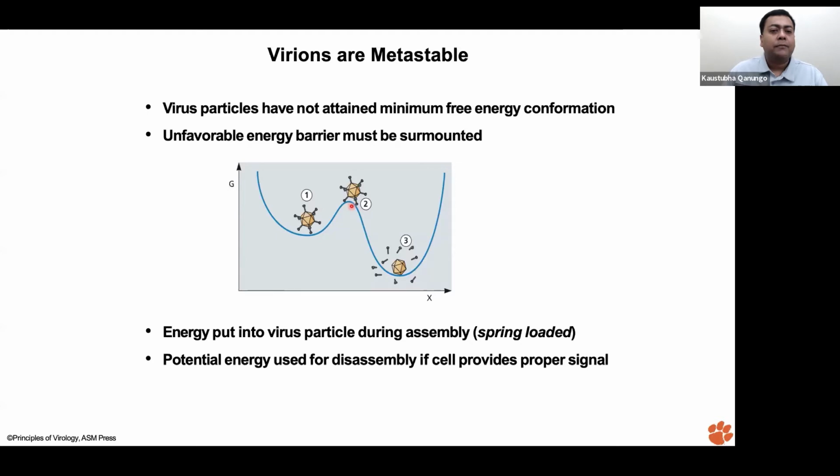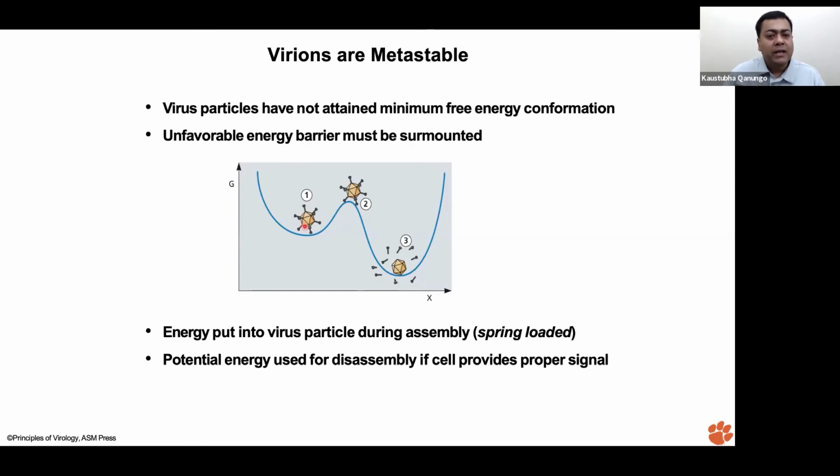Before coming to that, once the viruses are being made, energy is actually put into the virus particle during the assembly, which is called spring-loaded. And you all know that this is the bonding energy. The bonding energy is put into the virus, which you can think of as being spring-loaded. Now, in all conditions, it is very stable.